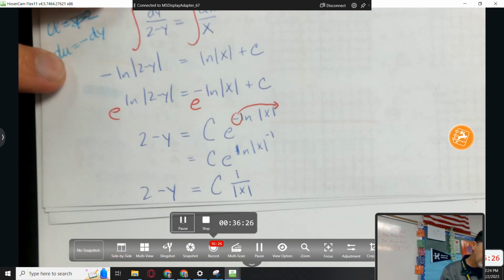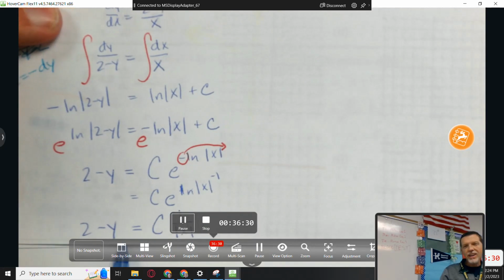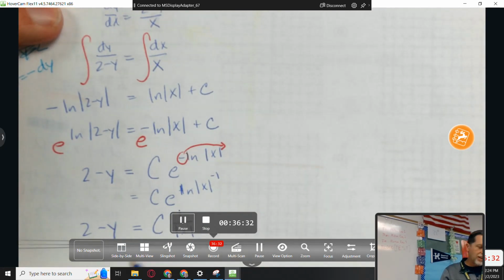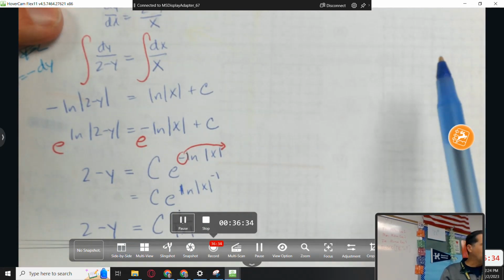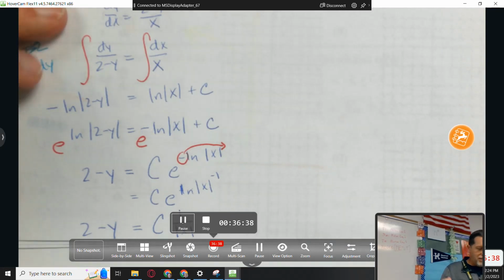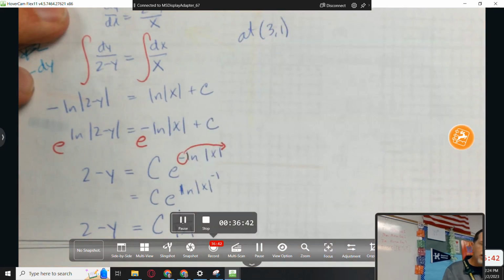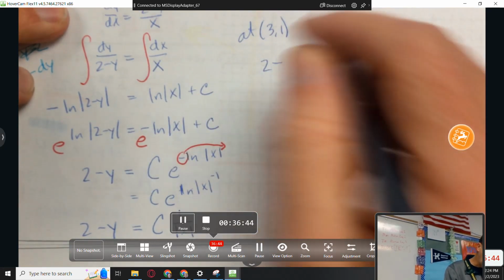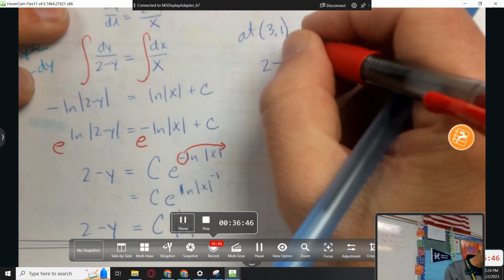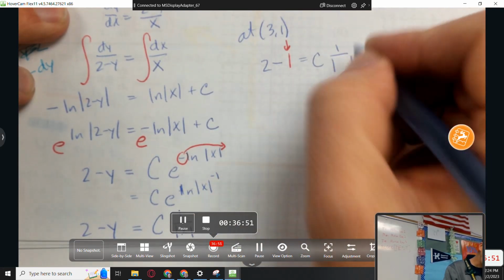At some point we need to solve for c, but we also need to solve for y. Take your pick. You want to solve for y first, or you want to solve for c first? C it is. So at (3, 1), 2 minus 1 equals c times 1 over absolute value of 3.